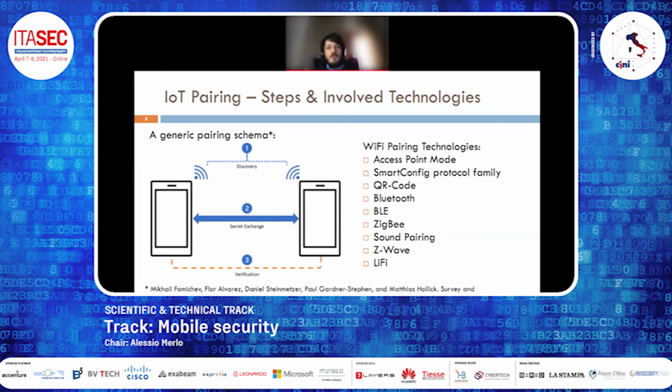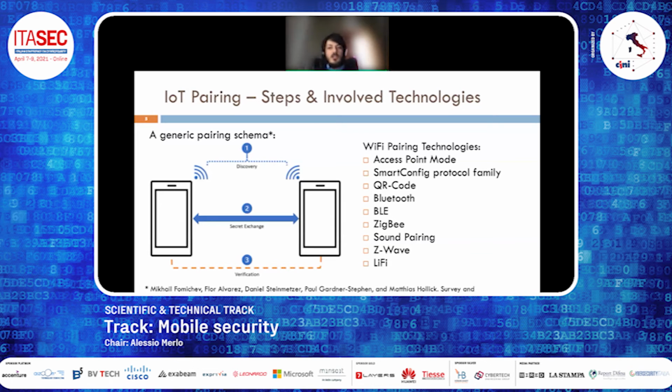According to the literature, a general pairing schema consists of 3 steps: the discovery step, the secret exchange step, and the verification step. I would like to make you notice that these 3 steps do not have to be carried out on the same physical channel. Also, multiple channels can be involved. The discovery phase is devoted to the mutual device identification.